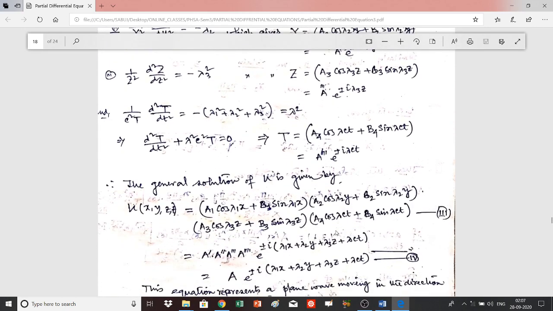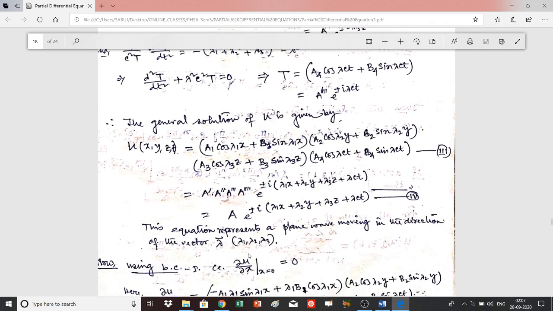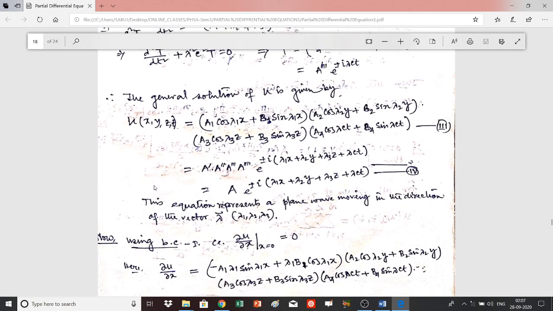That can also be written as a prime, double prime, it is e to the plus minus i lambda 1x, lambda 2y, lambda 3z, lambda t, and that can be written as a e to the plus minus i, and this, where a is the multiplication of these four terms. So we obtained here the solution of the Laplace equation in three-dimensional Cartesian coordinates.